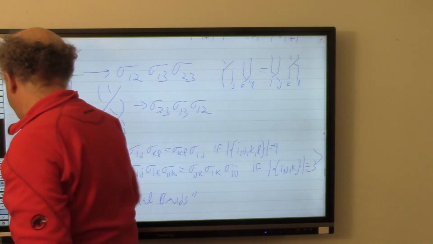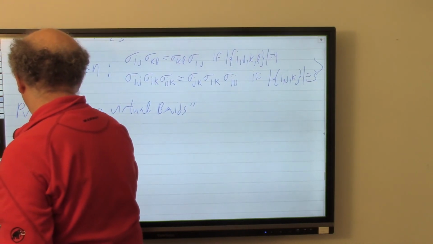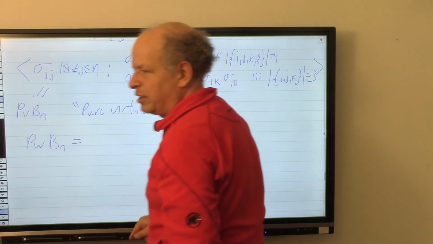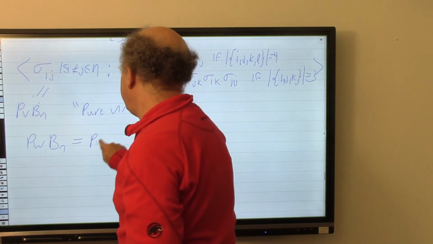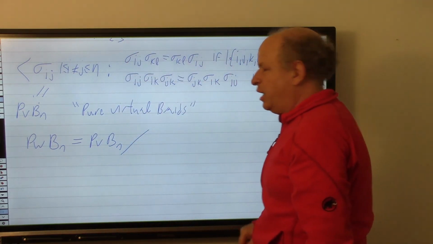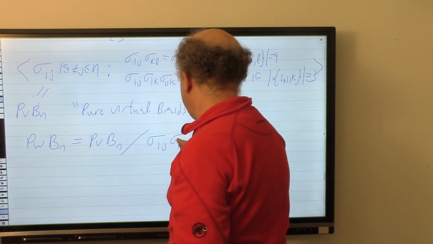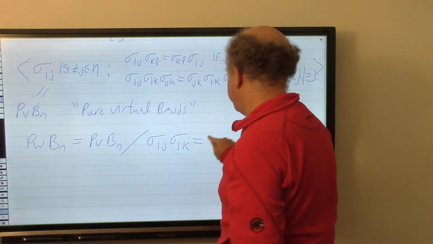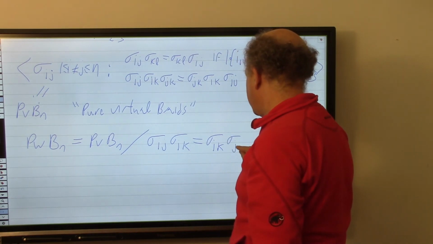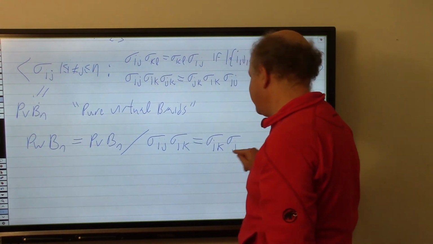Okay. And then the last group I want to talk about is PwBN, and it is defined to be PvBN modulo an additional relation, and the additional relation is that sigma ij sigma ik is equal to sigma ik sigma ij.